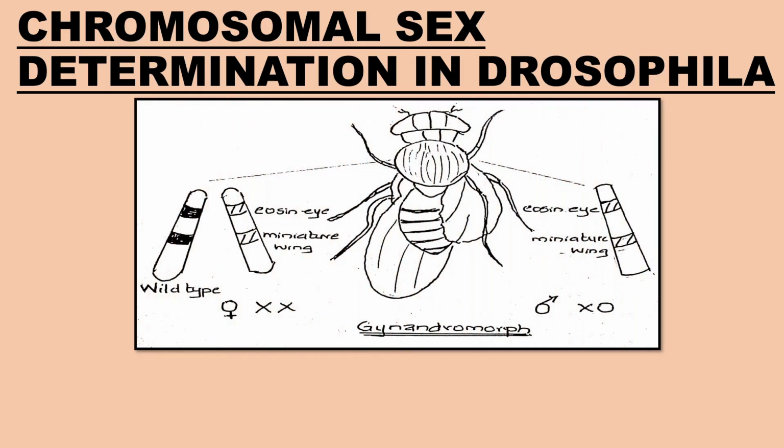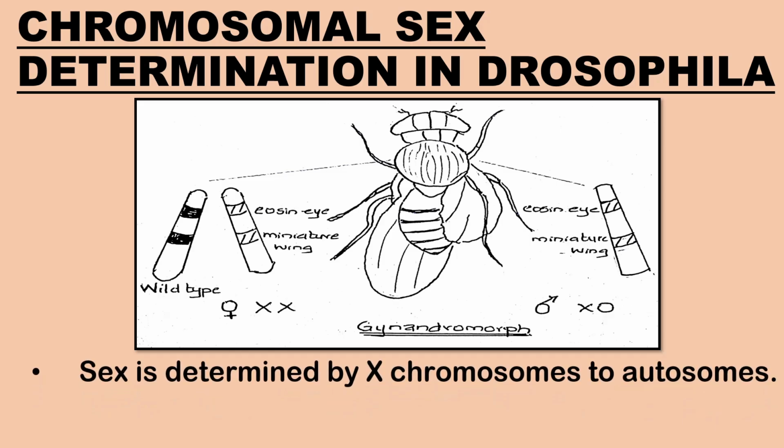Next, let us understand chromosomal sex determination in Drosophila melanogaster. In the fruit fly Drosophila, sex is determined by the ratio of X chromosomes to autosomes, as there is no sex hormone.